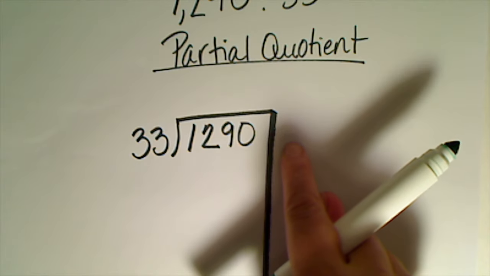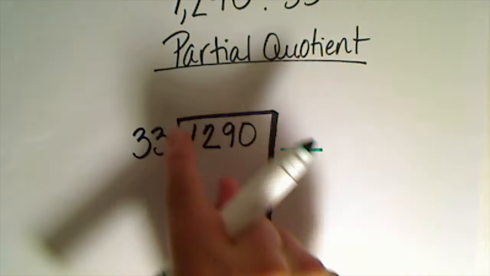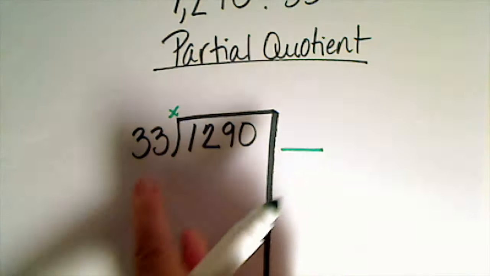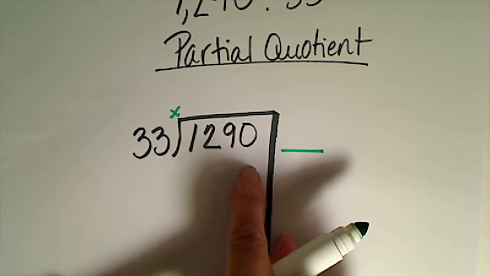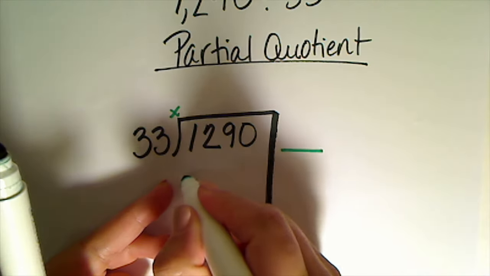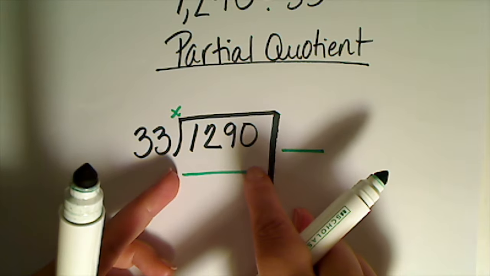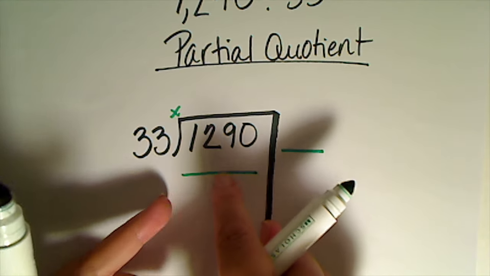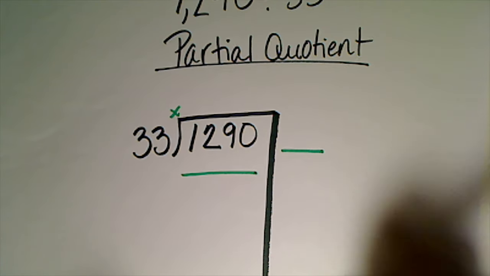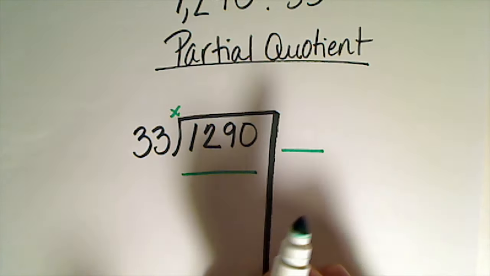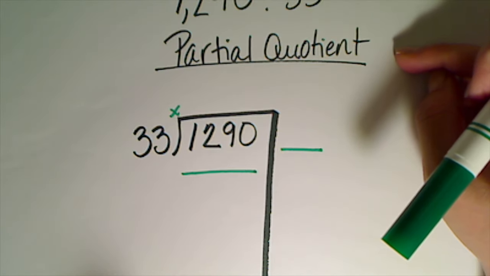Whatever number you put on this side and multiply by your divisor, that number needs to go under the entire dividend. So your place values need to line up. You are not, I repeat, you are not bringing down any values of the dividend when you are doing partial quotient.